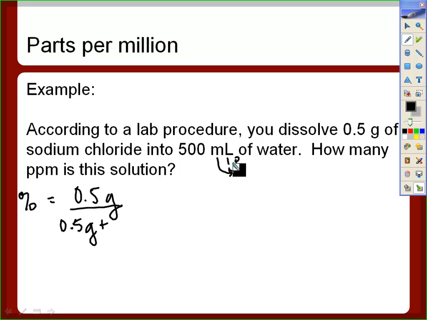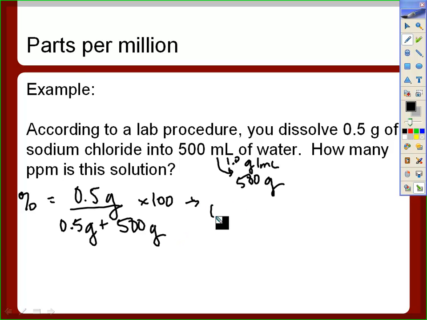Because water is 1 gram per milliliter, that's also going to be 500 grams. So I'm going to have 0.5 plus 500 grams of my solvent, times 100. So my percent is 0.5 divided by 500.5 times 100.